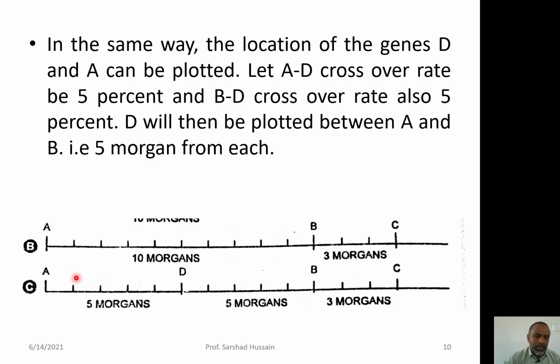So, again there is a chance that you can place D behind A, that is on the left side, but let us try how we are able to determine the position of D. You try to measure the distance, or the percent of recombination, between B and D. Since it was the same between B and D and A and D, that is 5 Morgan and 5 Morgan, it means D is located in the middle of A and B, not on the left side of A.